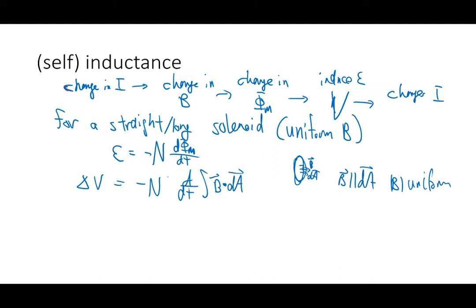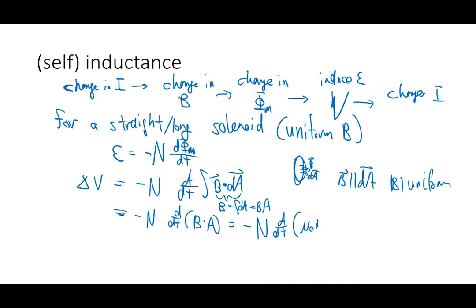So therefore, this reduces quite nicely. So then we're left with d/dt of B times A, where B is mu naught big N over L times I, times the area.